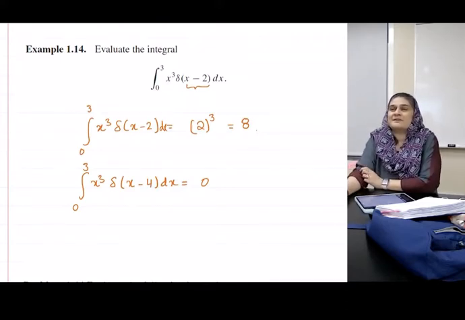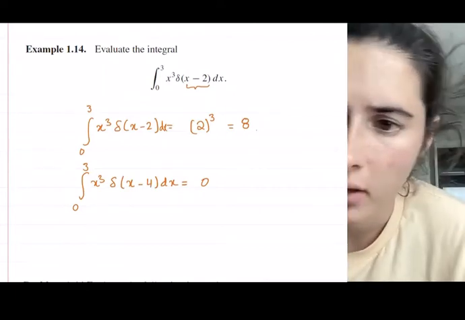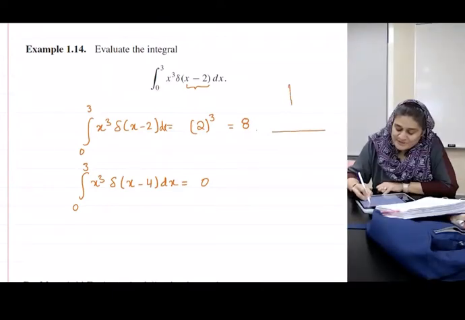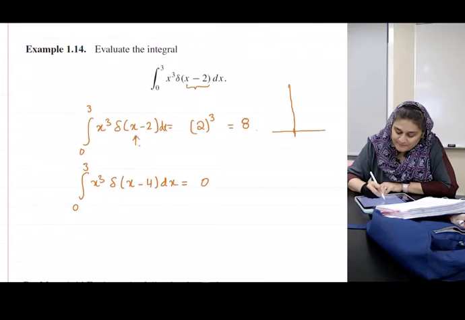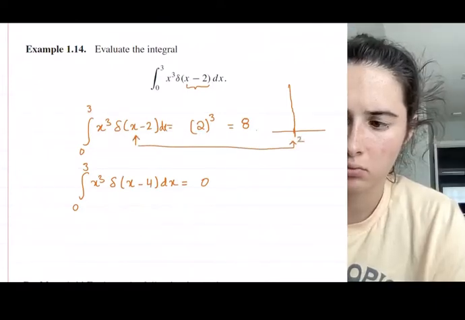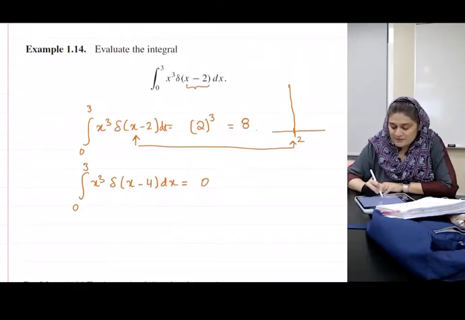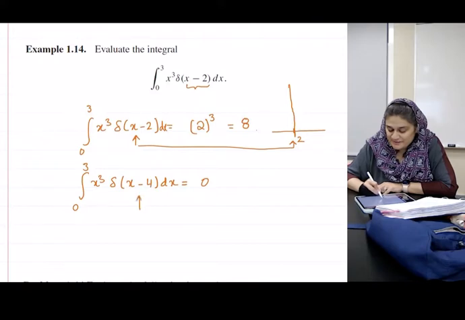Yes. Casey, you have a question. So it's 0 because it doesn't fall in between the 0 and the 3, right? Yep. What that means is, where is this function existing? What is this point? X equals 2. There we go. So if your limit of integration is 0 to 3, but then this function exists where?